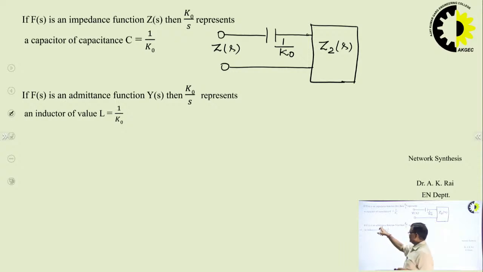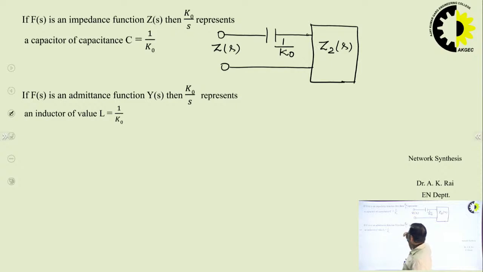Similarly, if F(s) is an admittance function, then k0 by s represents the inductor of value 1 by k0. So, if we remember, if we convert inductor in this domain, it is SL. So, 1 by Ls is the admittance. So, this way we can take the value of the inductor.